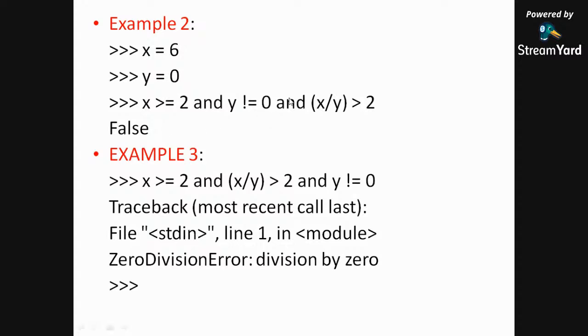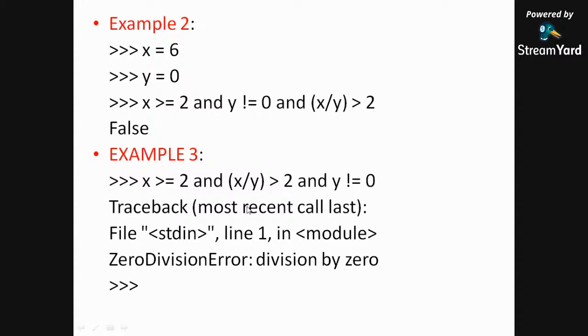Clear? Instead, if you write the same expression in example 3, x greater than or equal to 2 and x by y greater than 2, and at the end y not equal to 0, then in the second expression you are attempting a division by 0. That's why you will get a division by 0 error here.